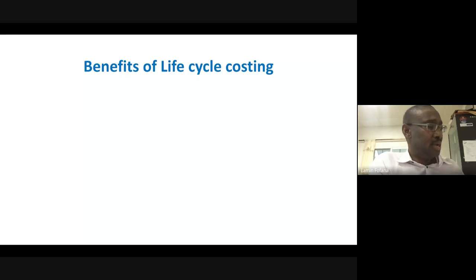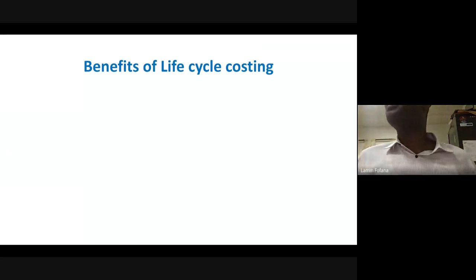It helps you to determine the profitability of the product. Very good. It helps you to determine profitability of the product even before you start going into production, just like the target costing. Okay, that's one benefit.